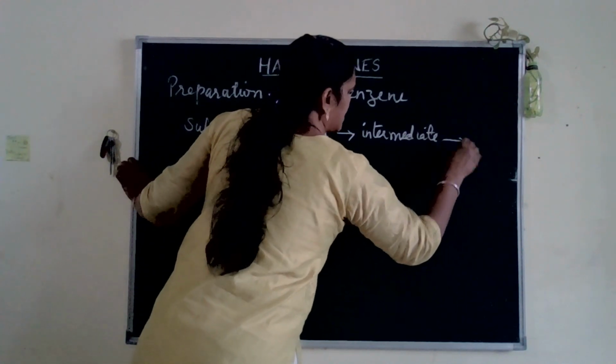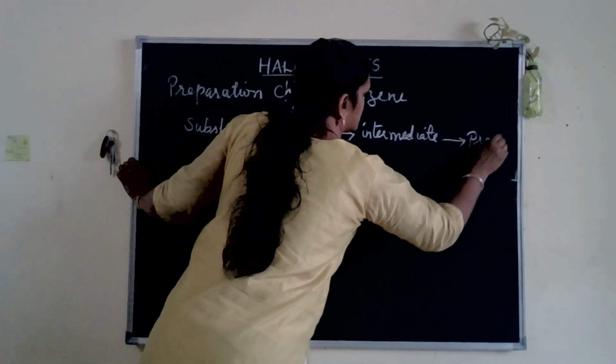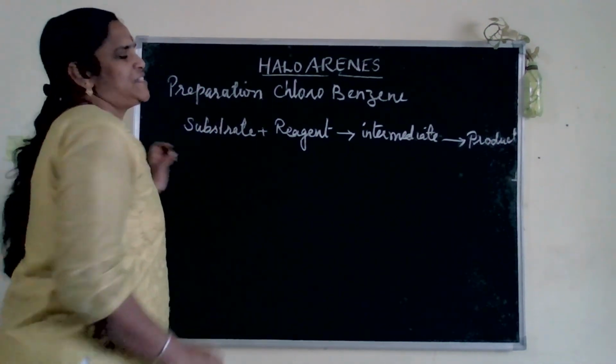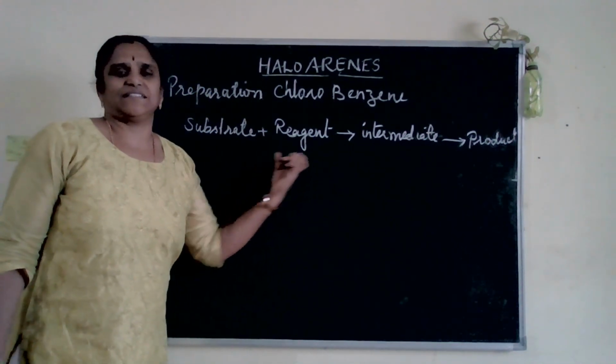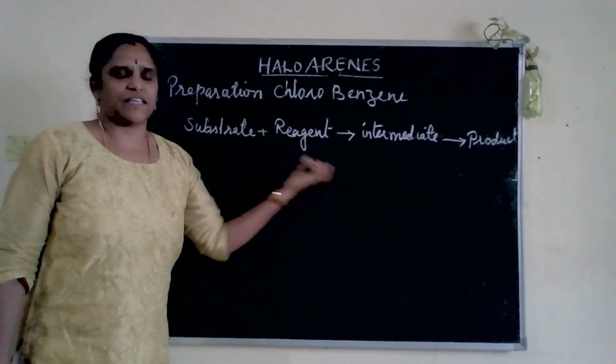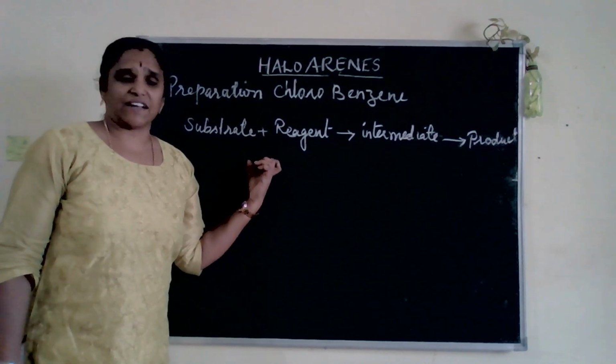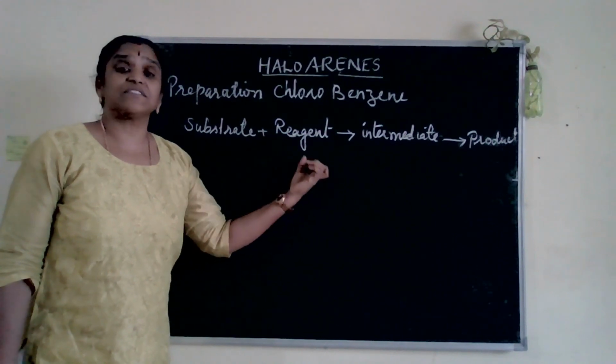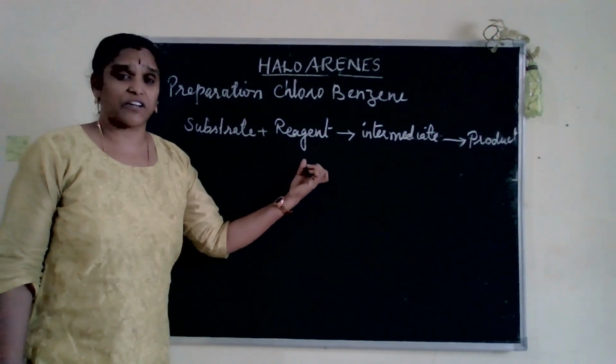Intermediate, after that it gives product. Okay. Now, generally reactant gives product usually. In this organic reaction, especially I have told you now, what is the reagent, how it is reacting. These are the points you have to come to know.